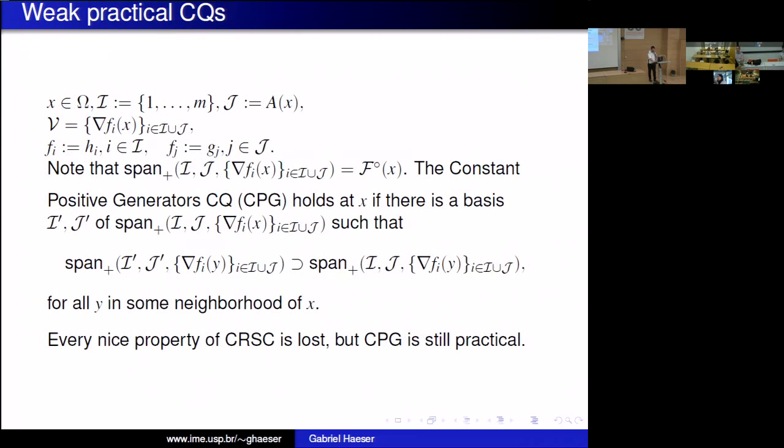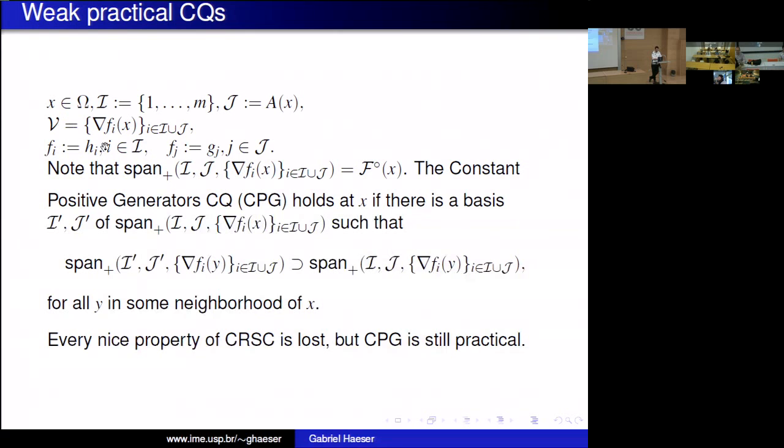So we define our constraint qualification by means of this idea. So I have here X, a feasible point. Initially, I will be the set of indexes of equality constraints, and J will be the set of active inequality constraints.